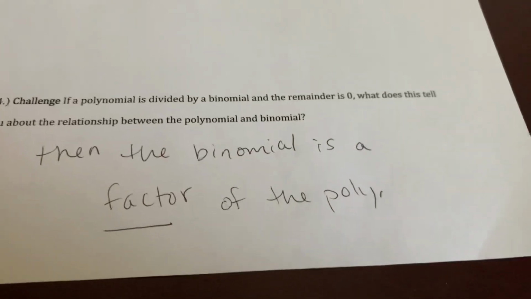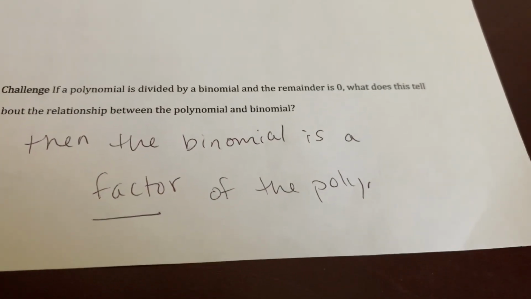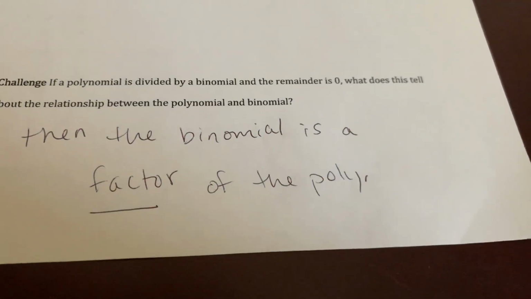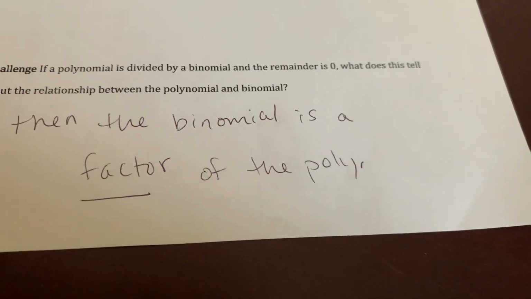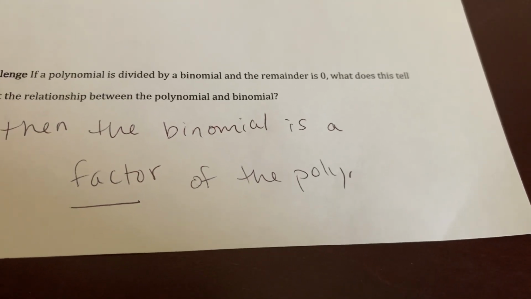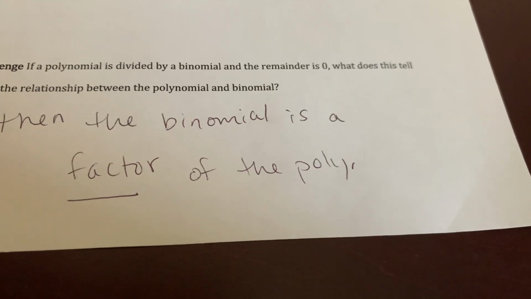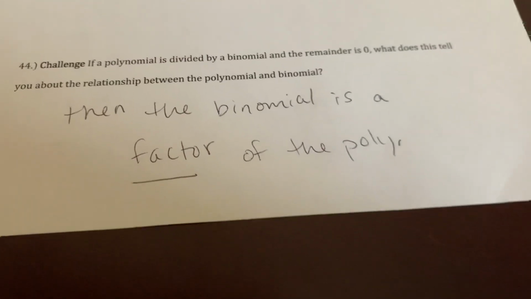Okay, so if there's a 0 remainder, that means it divided evenly. So it must be a factor. So like, is 7 a factor of 56? Yeah, because when you divide, there's a remainder of 0. Is 6 a factor of 56? No, because the remainder is not 0. So that's what it's asking.